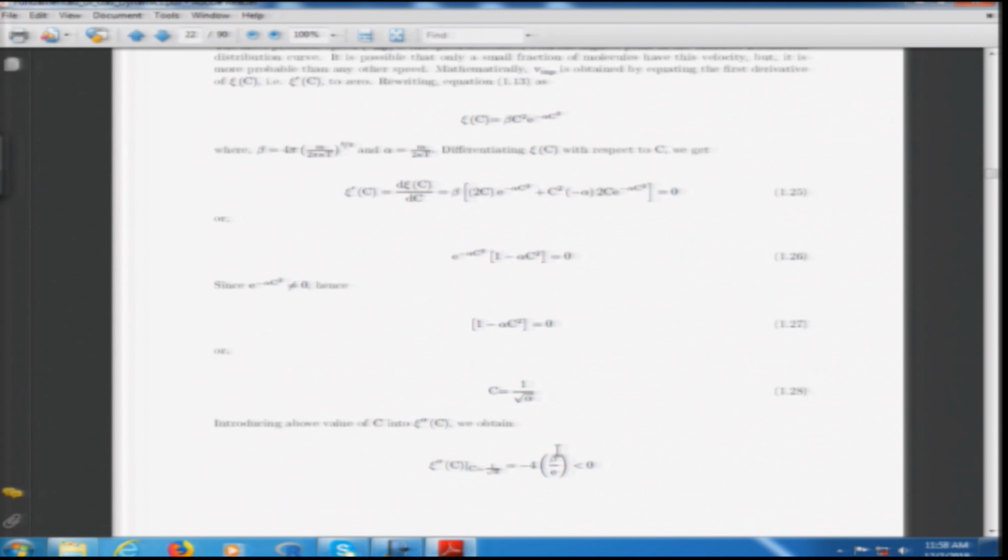Note that beta is a constant, a positive quantity, e is a constant, a positive quantity, and 4 is a constant, and there is a negative sign. That means after substituting this value, we get the second derivative negative.